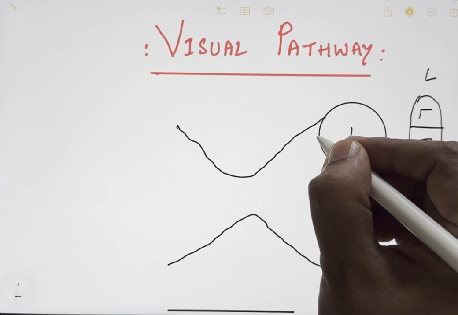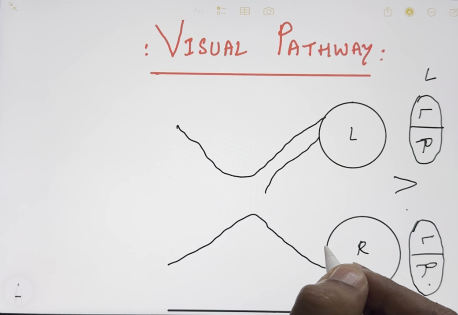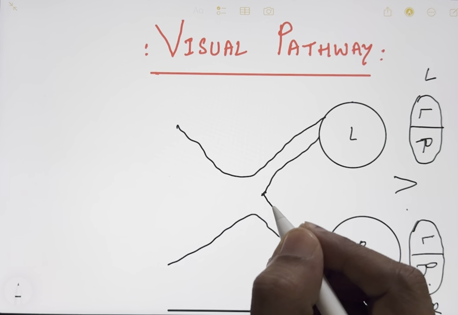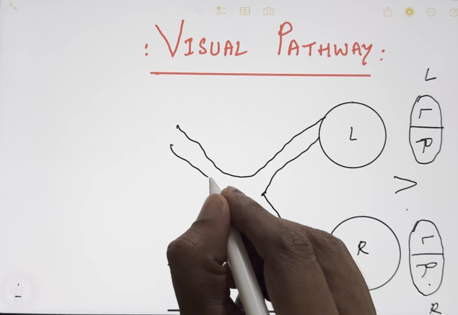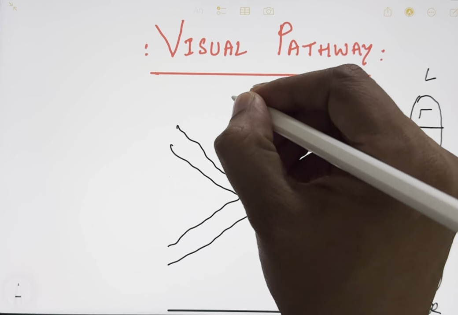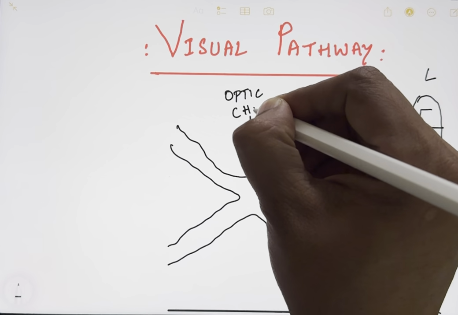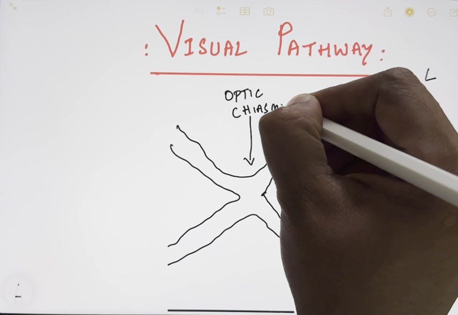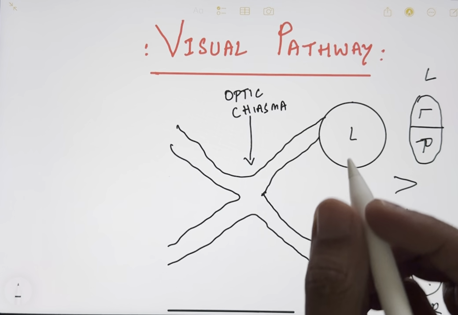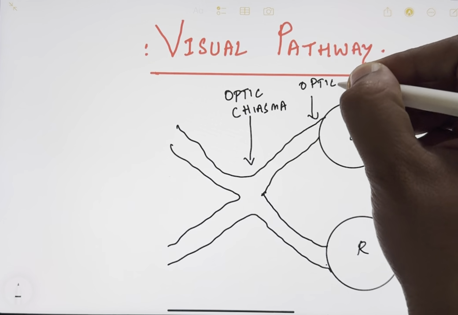This optic nerve runs posteriorly from both the eyeballs, right and left, and runs medially, and ultimately they meet at a junction, known as the optic chiasma. Optic chiasma is where the two optic nerves, right and left, unite.